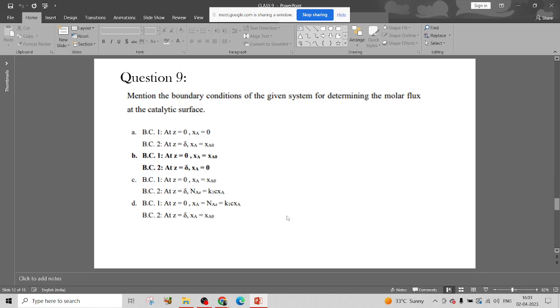Mention the boundary condition to give a system for determining molar flux at the catalytic surface. Okay, we have to mention the boundary condition. I'll give you 2 minutes for this and then we'll go on to the solution.